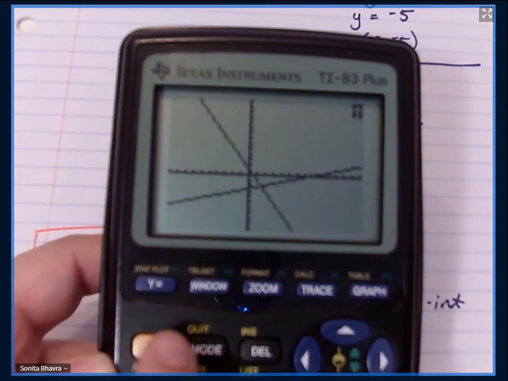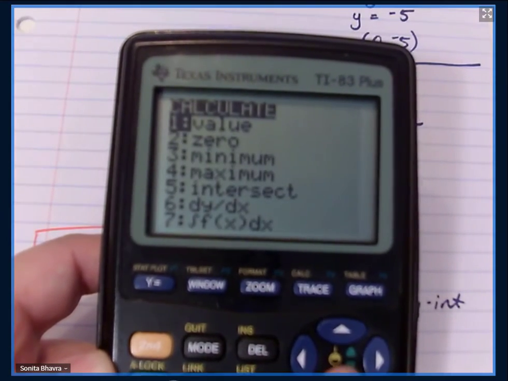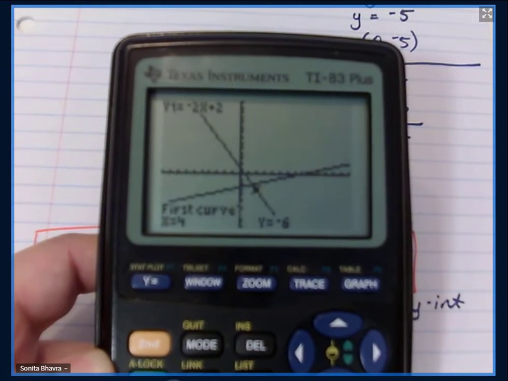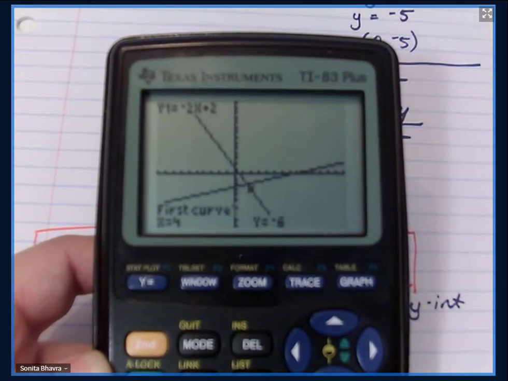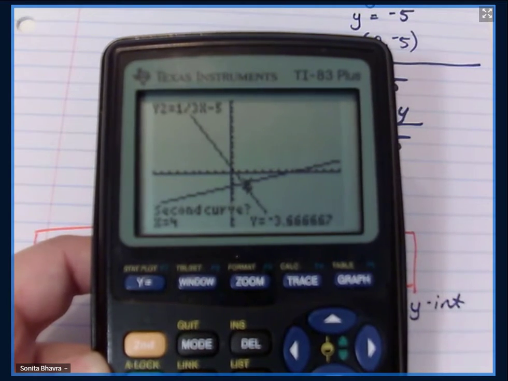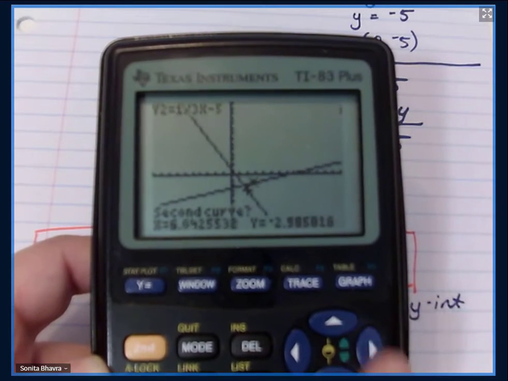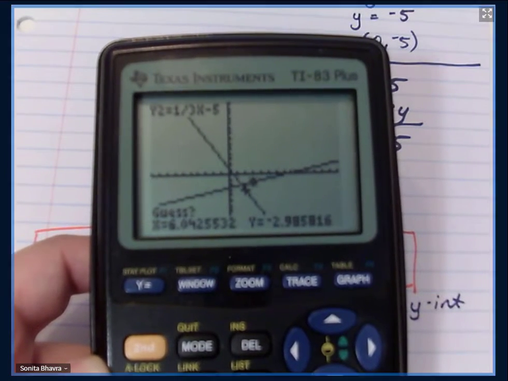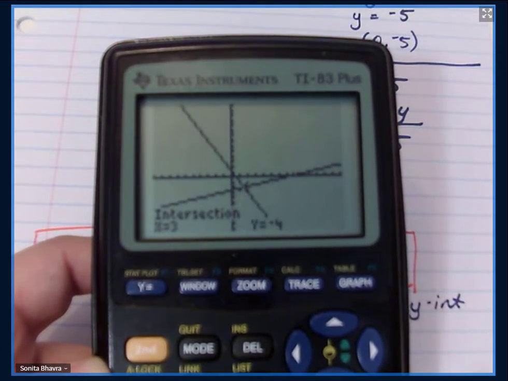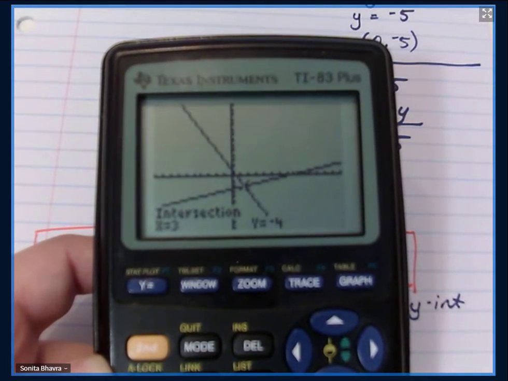So second function, trace, scroll down to 5, which is intersect, hit enter. Make sure the first cursor is on your first graph, your first equation. Make sure the cursor then shows up on your second graph. And then it'll ask you to guess, press enter, and our intersection point is at 3, -4.